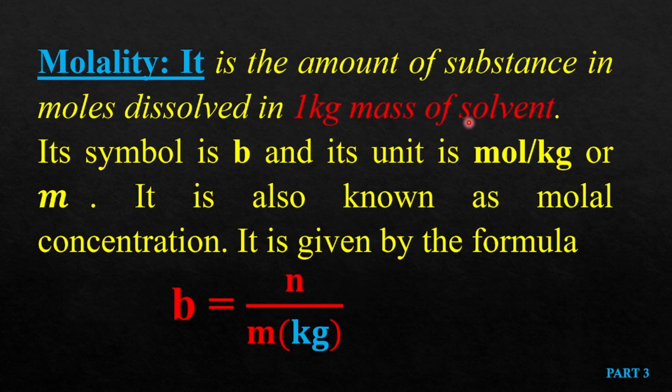So it can be water, it can be any solvent, meaning that the mass of that solvent should be in kg, that is kilograms. The symbol is B and the unit is mole per kg or small m. Please, this small m here is not mass, that is for molarity.